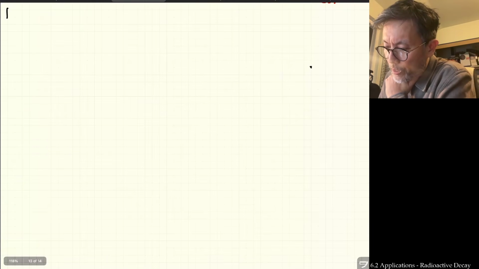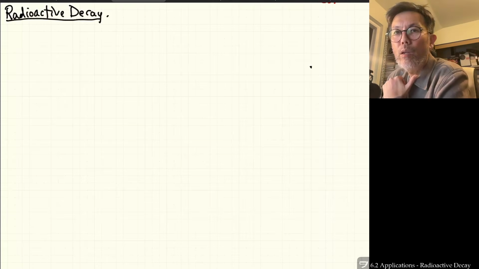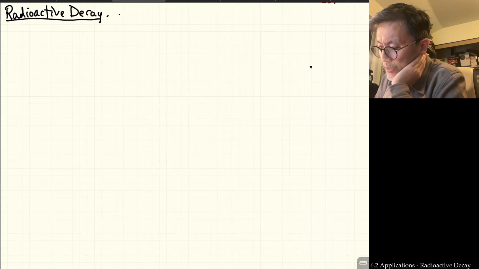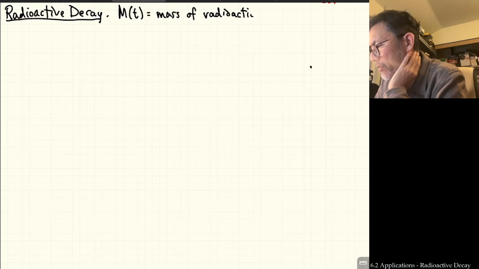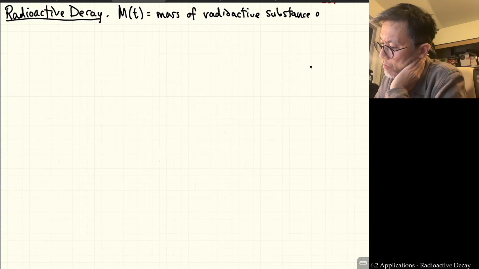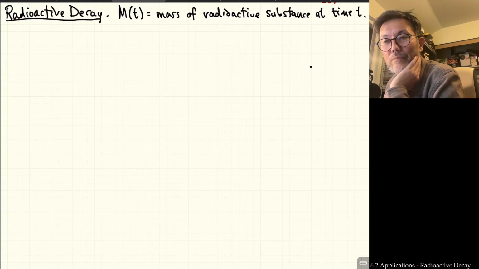So I want to talk about radioactive decay phenomenon. And let's denote by m of t the mass of some radioactive substance at time t, of course. Okay, so this mass is fluctuating precisely because it is decaying.